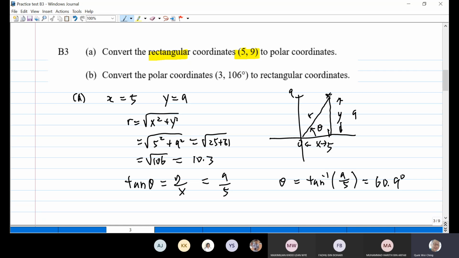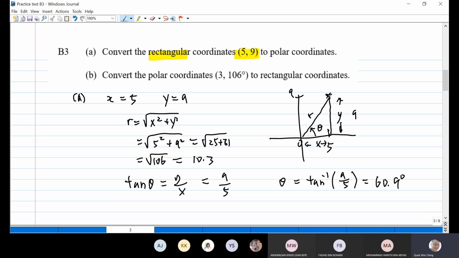So this is how to answer part A. If you know how to do this, you get 4 marks. Usually this is a 4-mark question for part A. It's a standard formula: remember the steps and you can get the answer for r and theta.